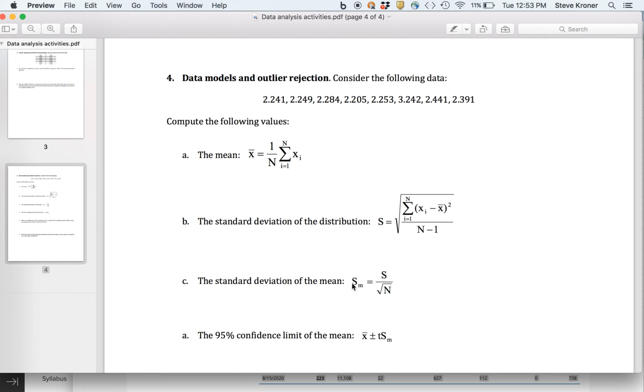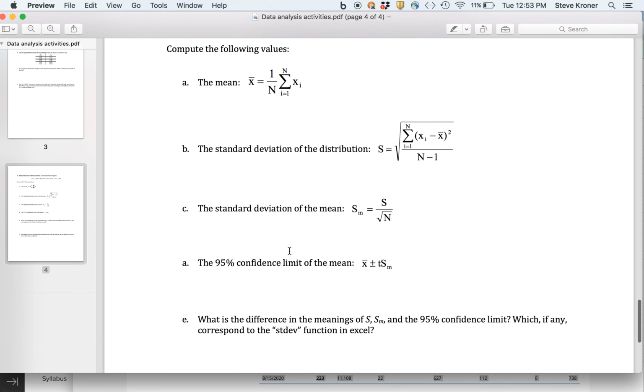So it gives you the 68% confidence of what the actual mean value of the distribution is. So it's a little bit of a difference between what the distribution looks like in terms of its width versus your confidence in the mean. Two slightly different standard deviations and what they mean.